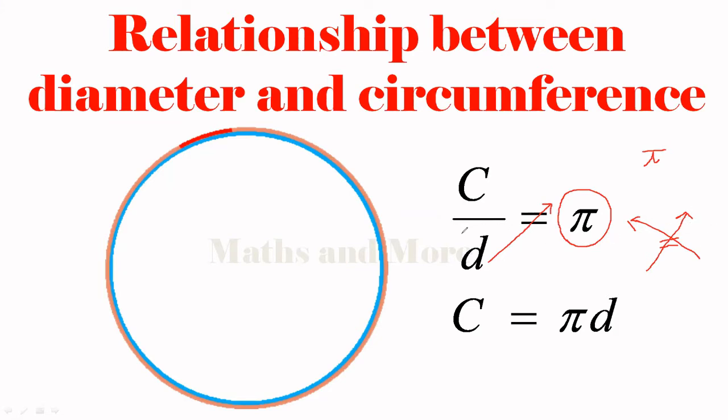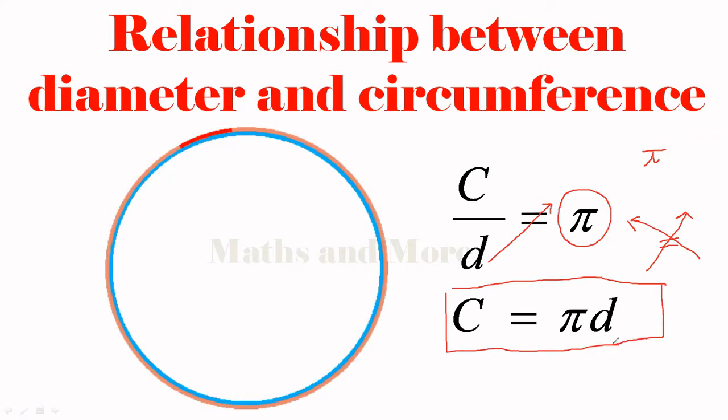So here this D moves to the other side, then pi into D, piD. So as I told you, there's a relationship between the diameter and the circumference. Then C equals piD. This is the formula. We use this formula to find the circumference of the circle if you know the diameter.